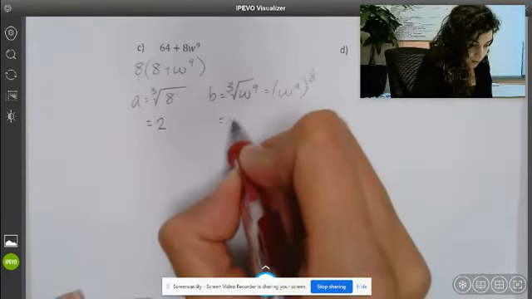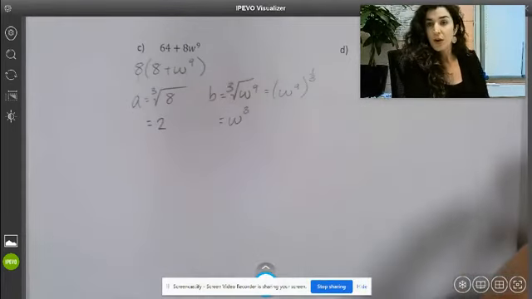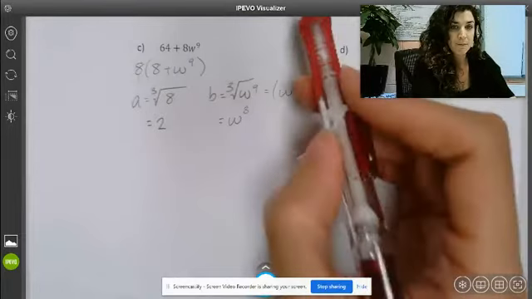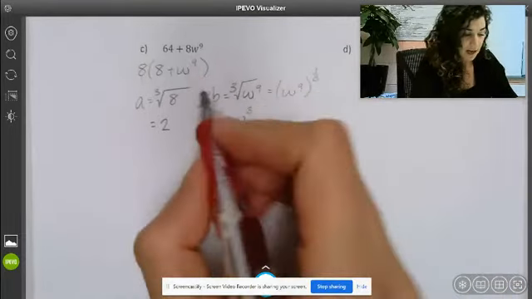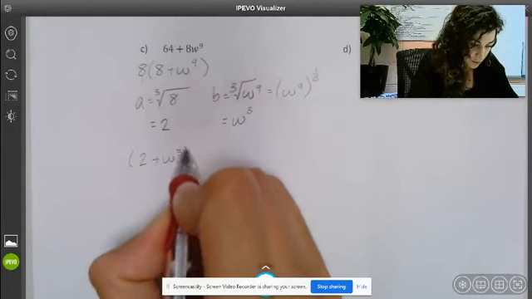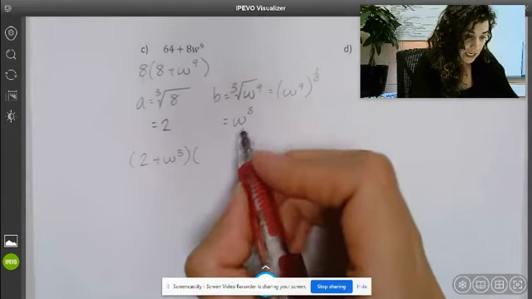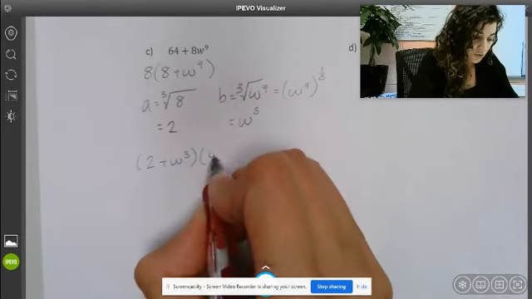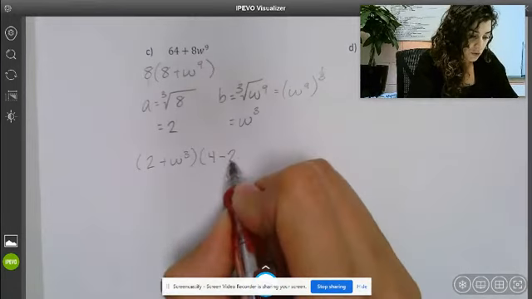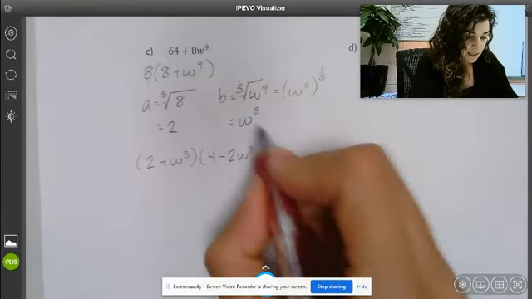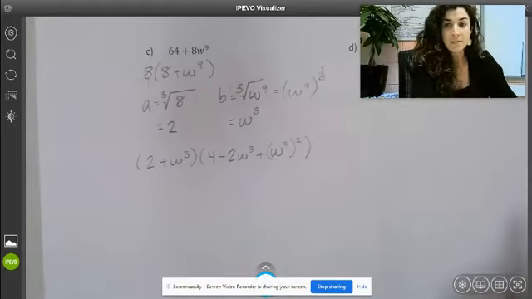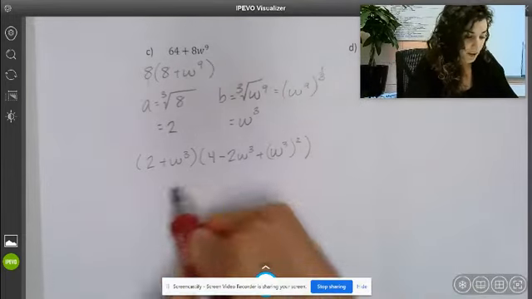Anyway, what you should be getting is w to the 3rd power. Now I'm going to take all this information and plug it into my formula for my sum of perfect cubes. The order does matter. Since it was a plus b, it becomes 2 plus w cubed times a squared, which is 4, minus a times b, so 2w cubed, plus, and then w cubed to the second power is going to become w to the sixth power.